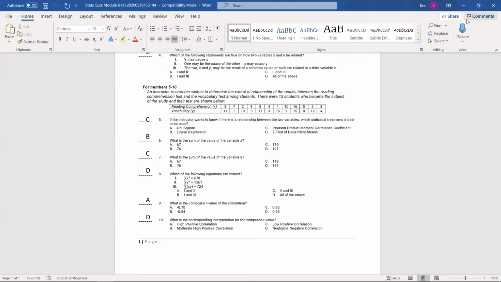So, overall answer nun is magiging negative 0.1084. Kaya doon nakuha yung 0.10.